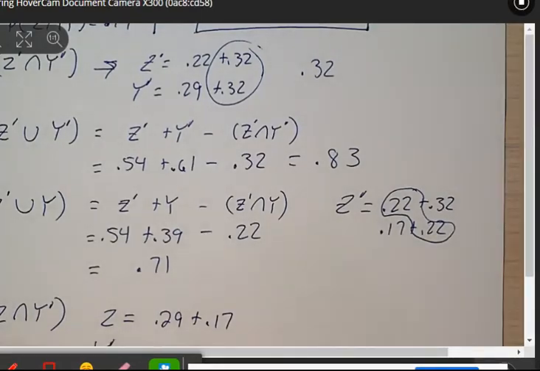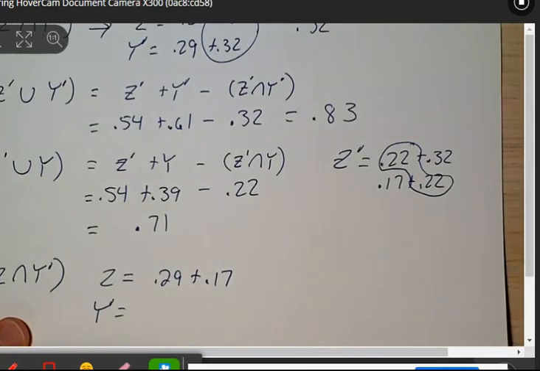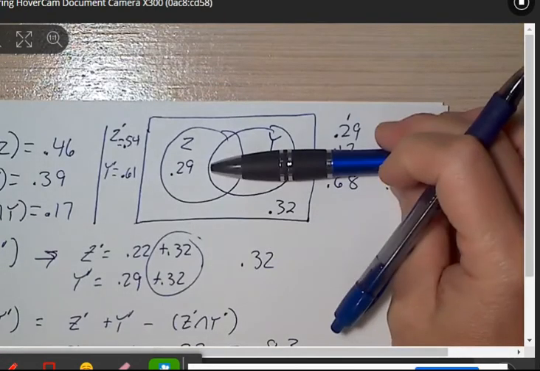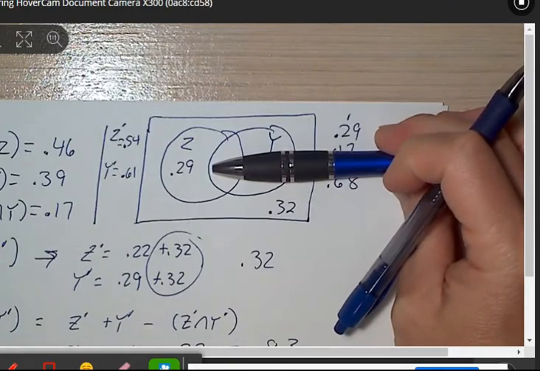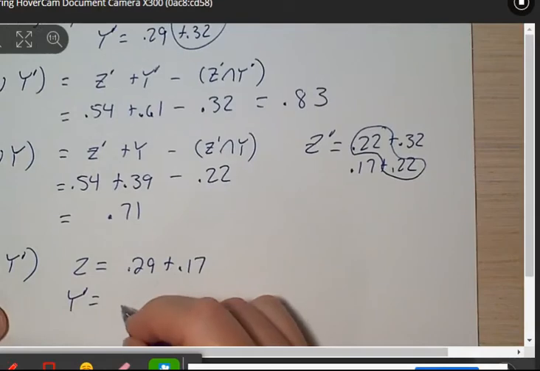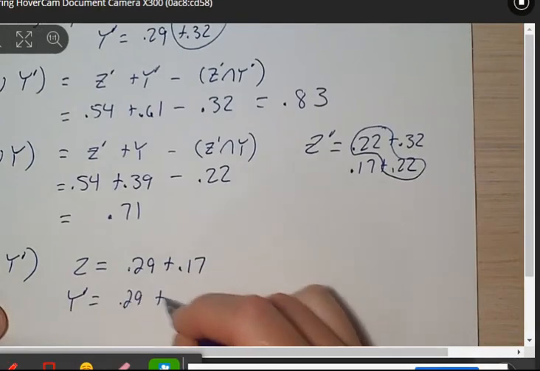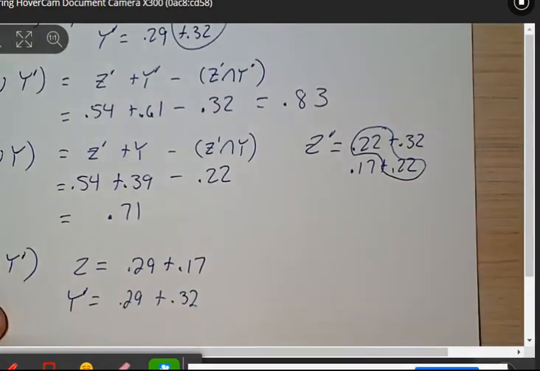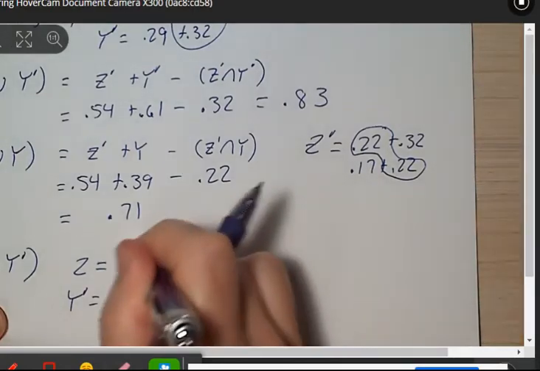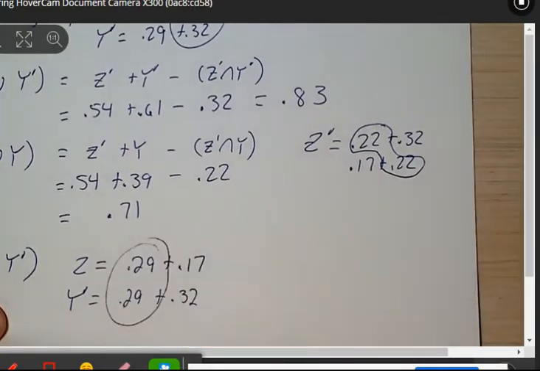And we're going to find out what that has in common with Y prime. And for Y prime, that is everything outside of Y, so that's 0.29 and 0.32. So what they have in common then would be the 0.29.